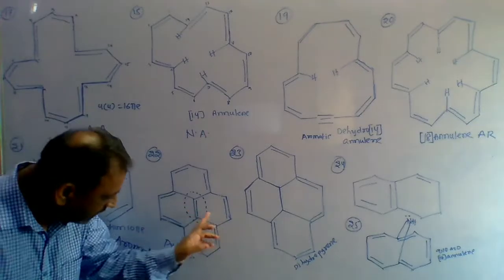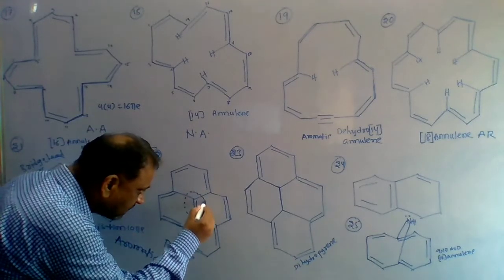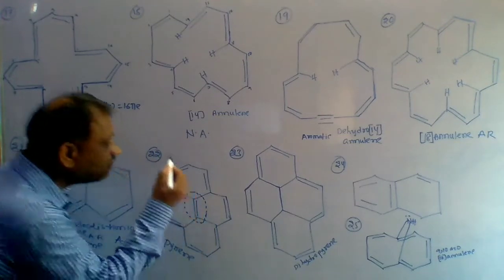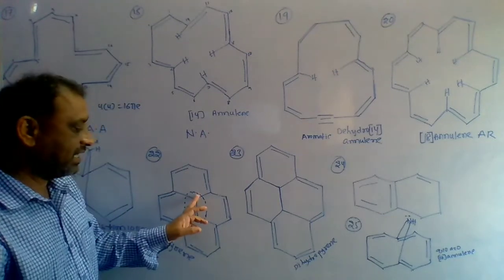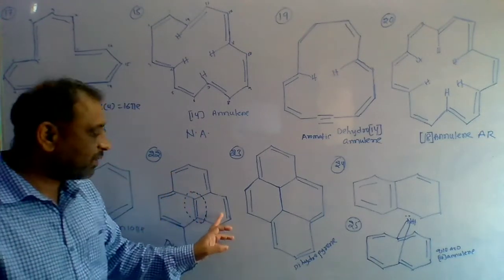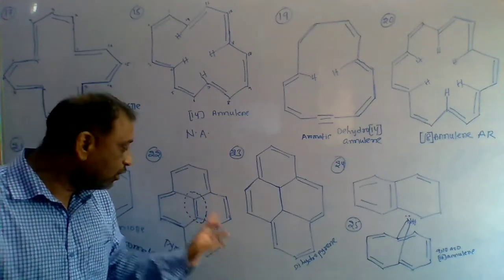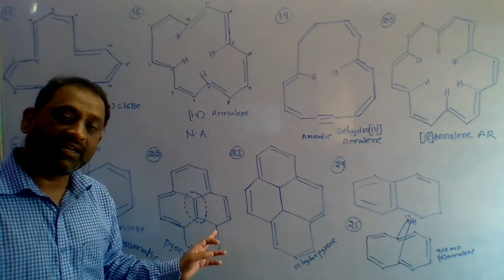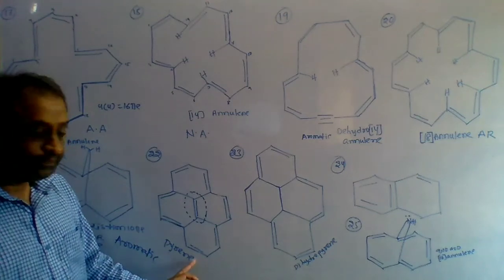Here, one pi bond present between the two rings, already surrounded by a dotted line, is not involved in delocalization. Only 7 pi bonds, 14 pi electrons, are involved in complete delocalization, which obeys the 4n plus 2 pi electrons rule, Huckel's rule. So pyrene is an aromatic compound.